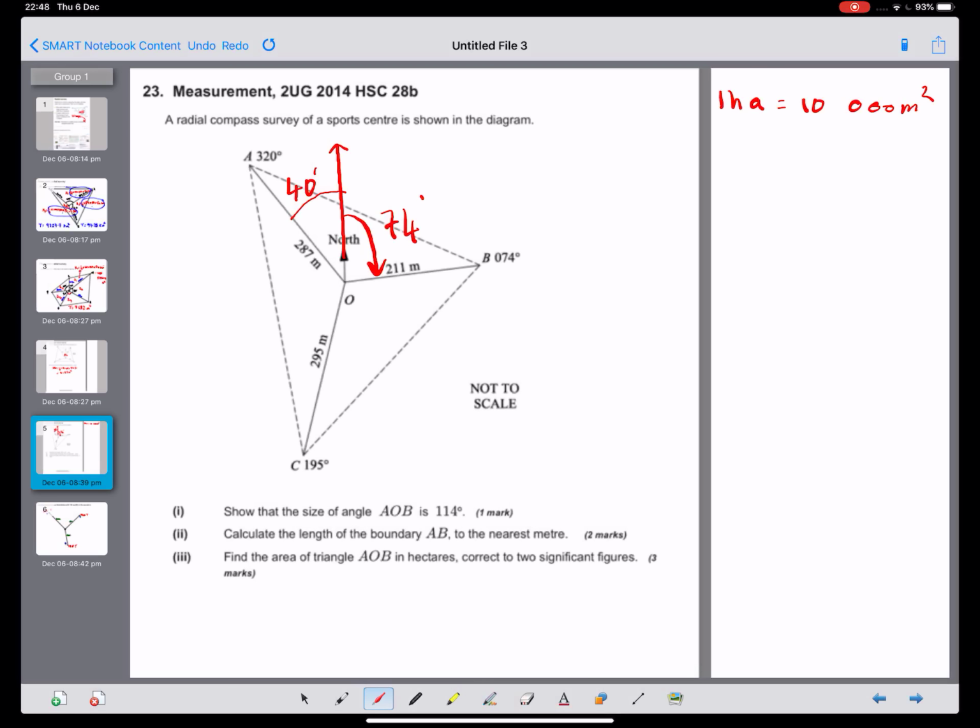So we're going to add them together. 40 plus 74 is going to be 104 degrees. I'm going to rub out my workings there. The next one is to calculate the length of the boundary AB. So I'm going to redraw this triangle.